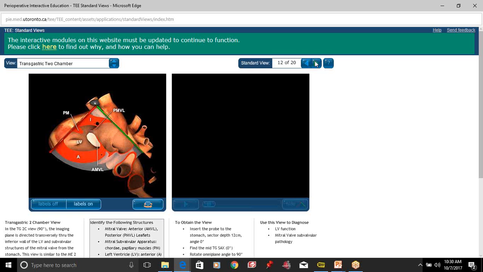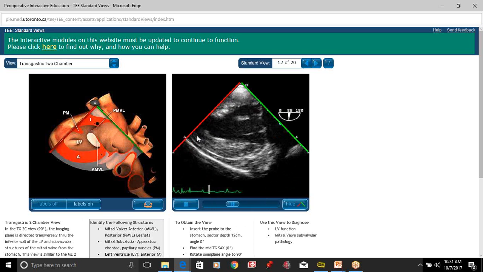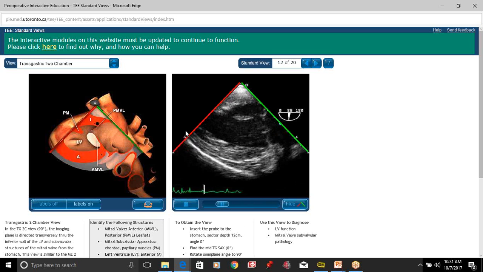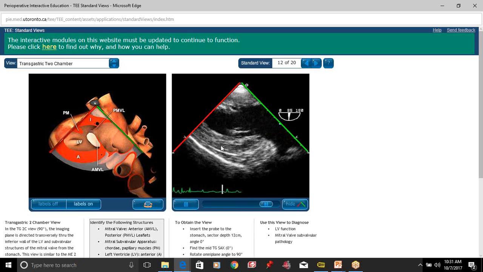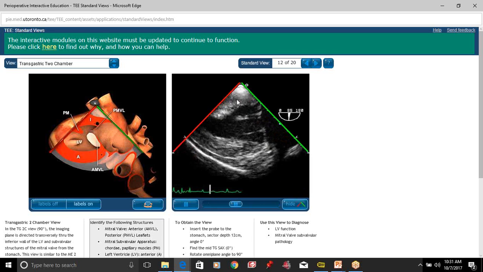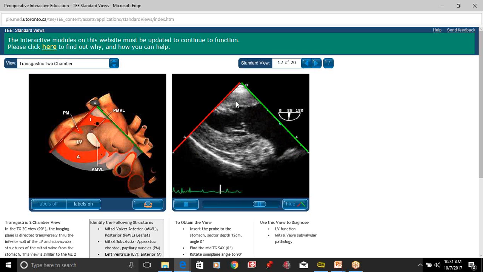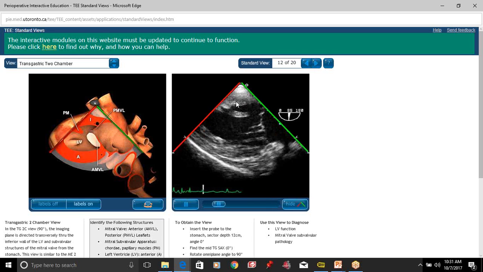And you can get a transgastric two-chamber view. So it looks somewhat like your long axis view on your transthoracic echo, but this is going to be your anterior wall, and this is your inferior wall because of your orientation. When you're doing a transthoracic echo, you're above the heart.